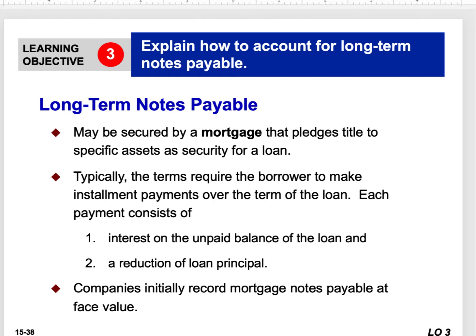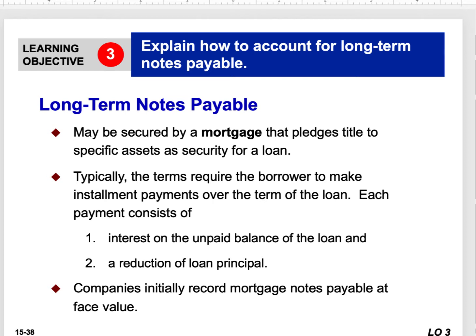Well, the same thing really applies for long-term notes payable. A lot of the long-term notes payable are going to be mortgage backed, meaning the company is going to pledge the title to that specific asset as security for a loan.